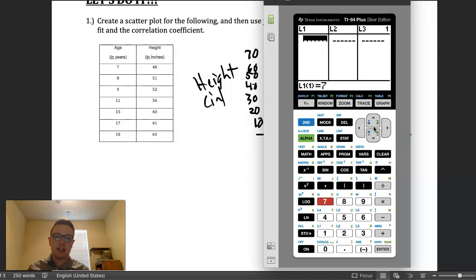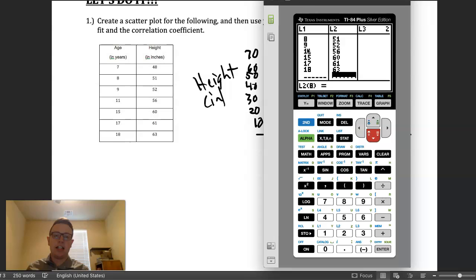So we put in 7, 8, and all of your values into the other column: 48, 51, 52, 56, 60, 61, and 63.